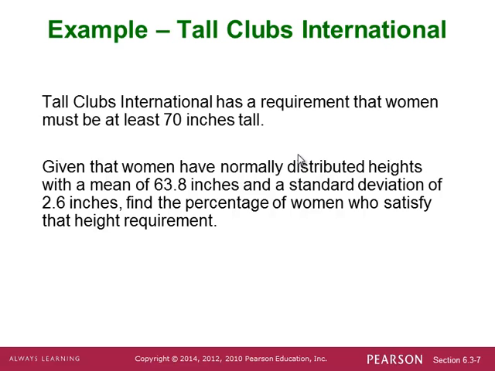Suppose that we take women from Tall Clubs International, which has a requirement that women must be at least 70 inches tall. So all the women in this club must be at least 70 inches tall.